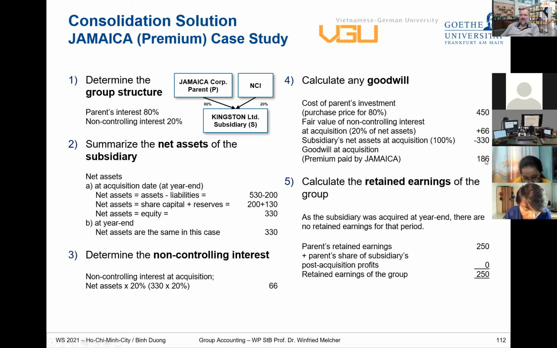So they obviously paid more than net assets, and the difference is 186. We call a positive difference goodwill. So goodwill is 186.